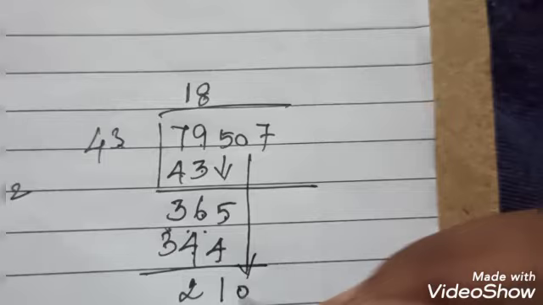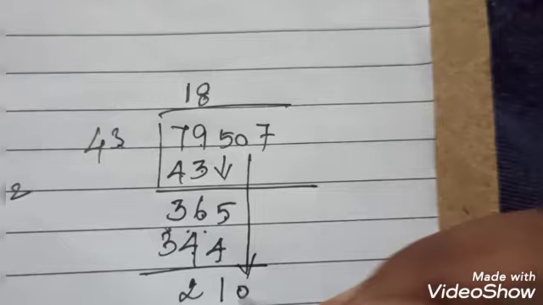So 43 into 4: 4 3s are 12, 4 4s are 16 plus 1 is 17. So 43 into 5: 5 3s are 15, remaining 1, 5 4s are 20, so 215. Here we need 210 only, so we move with 4 times. 43 into 4 gives 172. Now we subtract; it is impossible to subtract 2 from 0, so we borrow from this 1.